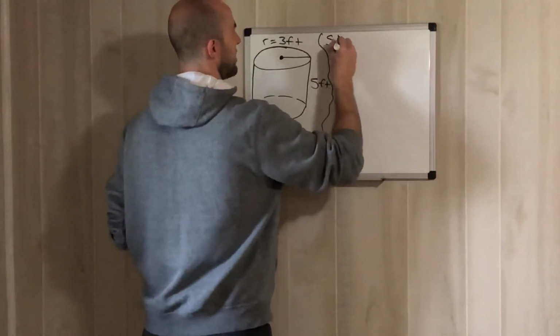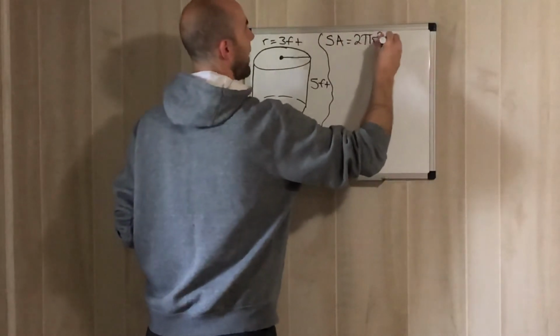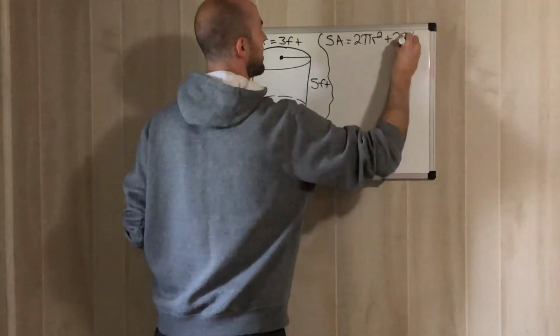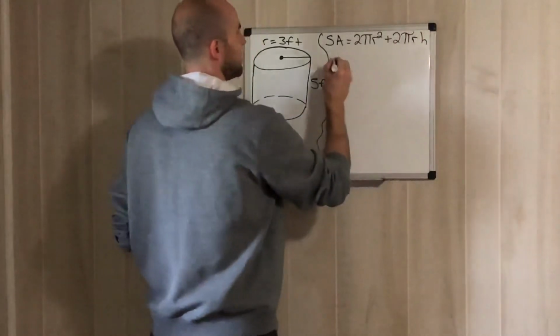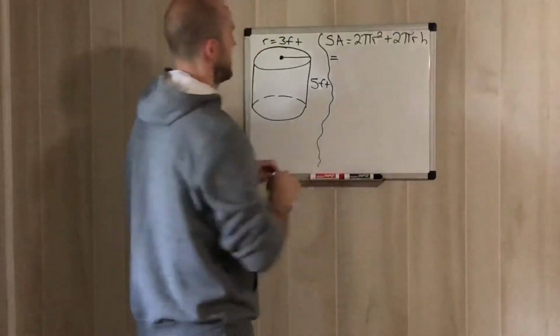Surface area equals 2 pi r squared plus 2 pi r h. Now it's just substituting everything. Let's work this out.